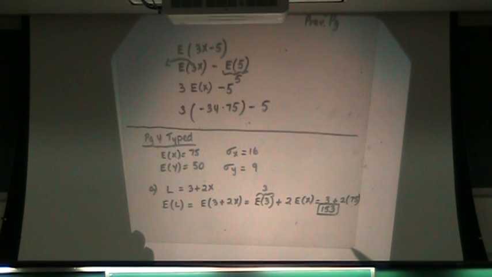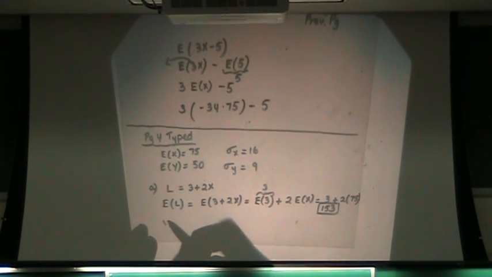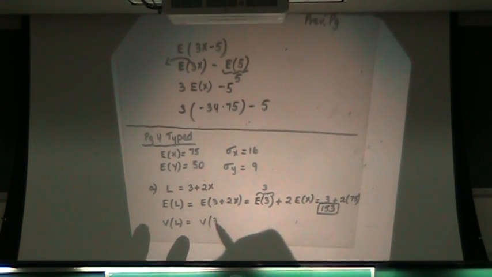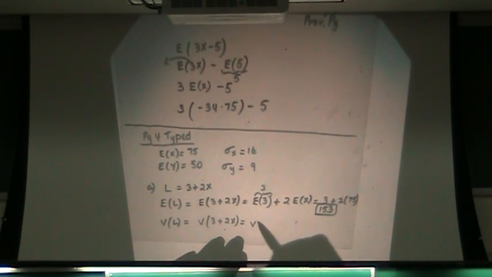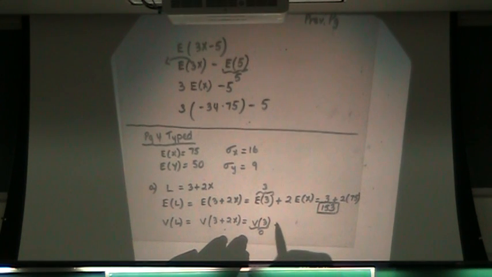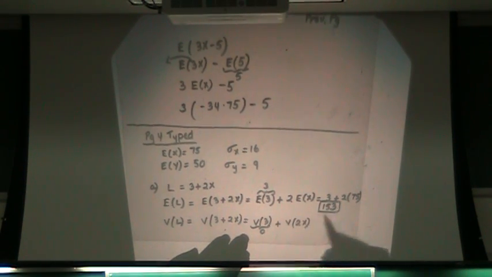The next question says find the variance of L. So that would be the variance of 3 plus 2x. That's the variance of 3, which is 0, plus variance of 2x.